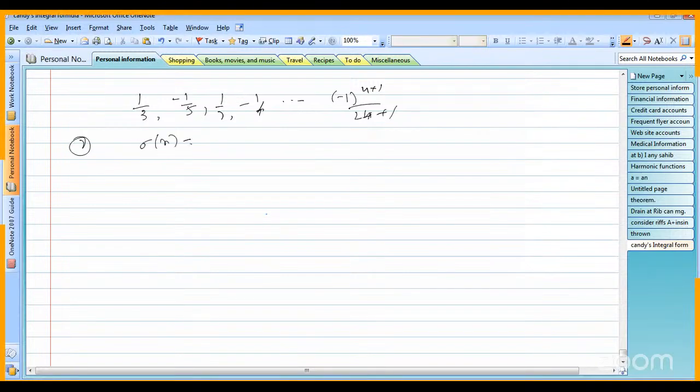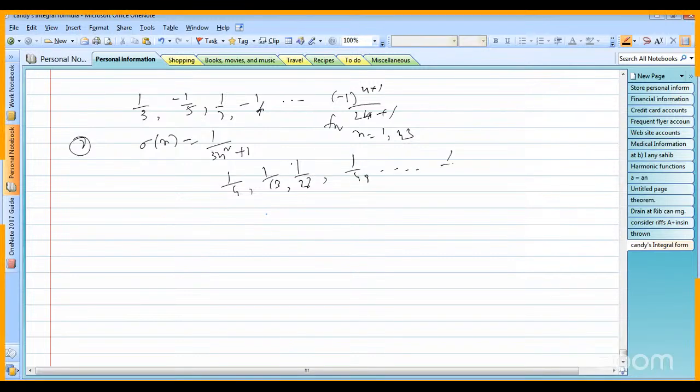Sigma n is equal to 1 by 3n square plus 1, for n is equal to 1, 2, 3. Also I am taking here 1 by 4, 1 by 13. So 1 square means 3 plus 1. 2 square means 4 into 3, 12 plus 1, 13. 3 square means 9, 9 into 3, 27 plus 1, 28. 4 square 16, 16 into 3, 48 plus 1, 49. So 1 by 13, 1 by 28, 1 by 49, and so on.